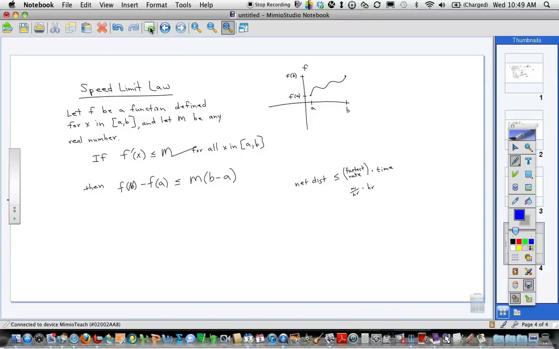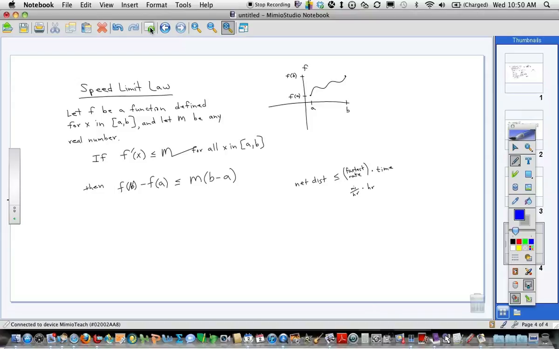Let's put some actual numbers into it. So if I tell you that 60 is the fastest I went, if 60 is the fastest I went, and I did that for 2 hours, what do you know? The most that I went is 120 miles.